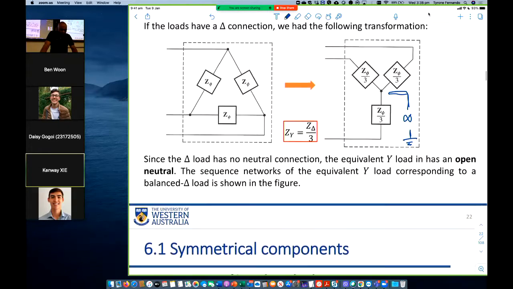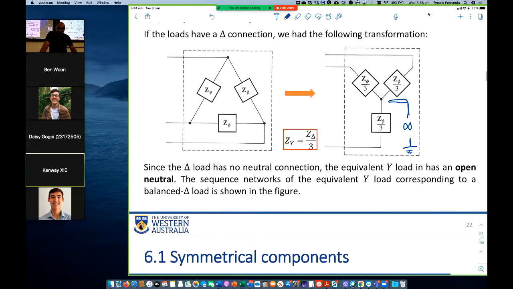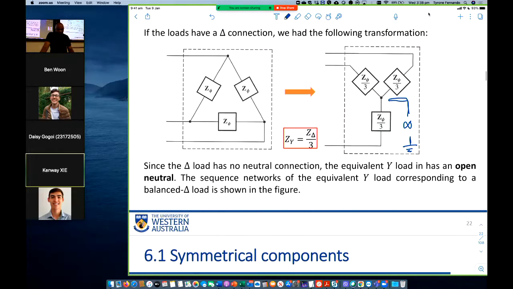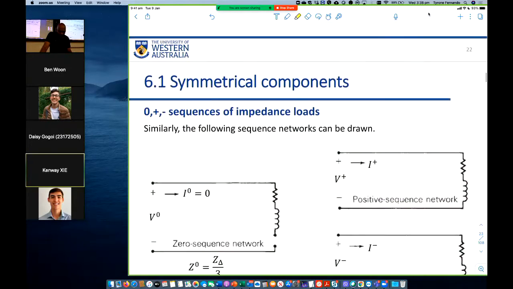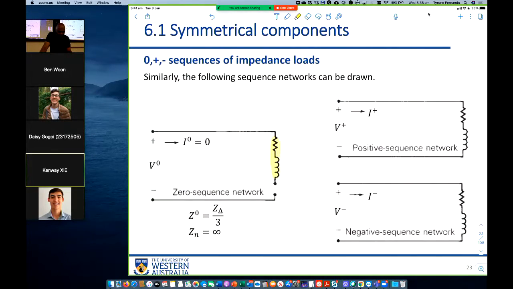So then how can we draw the sequence networks based on what we know? Well, if you have a star network like this, zero sequence network will have this impedance value, Z_Y/3 plus 3 times infinity, right?